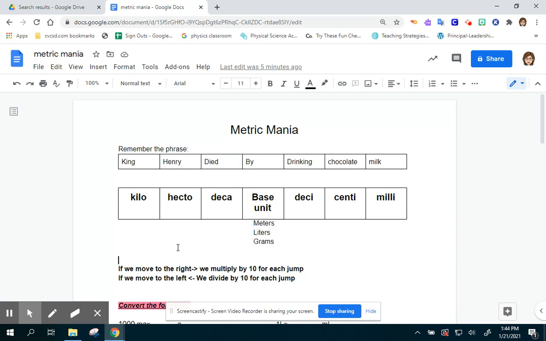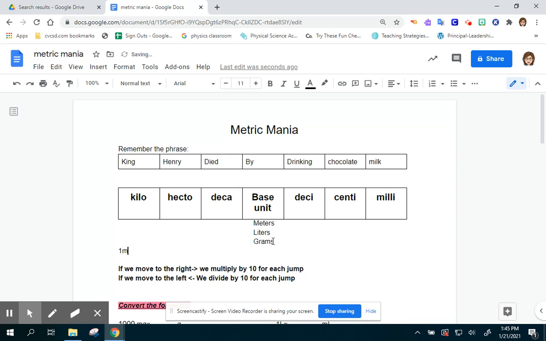So if we're moving to the right, let's say we start with a unit, a meter. Let's say I give you 1 meter and I want you to tell me how many centimeters are in a meter. We are going to start at this 1 meter spot. So it does not have a prefix, it's just meter. So we start here, and then we're going to bump one over and then bump two over.